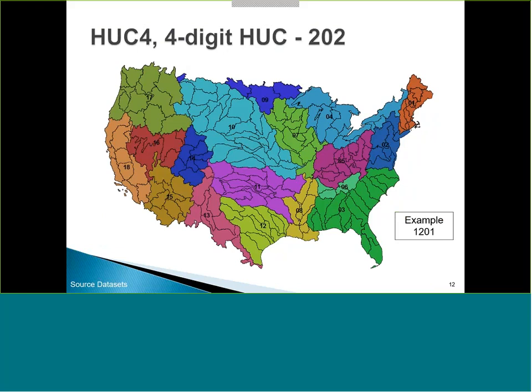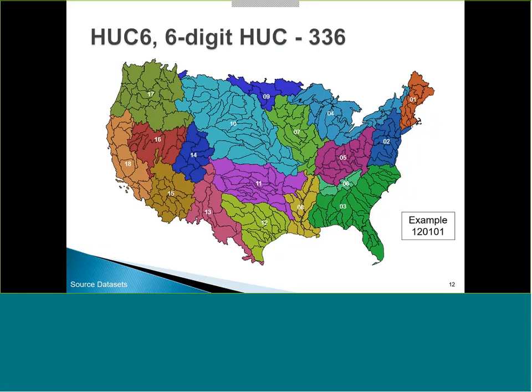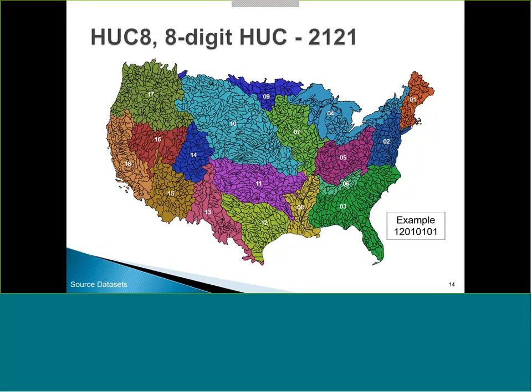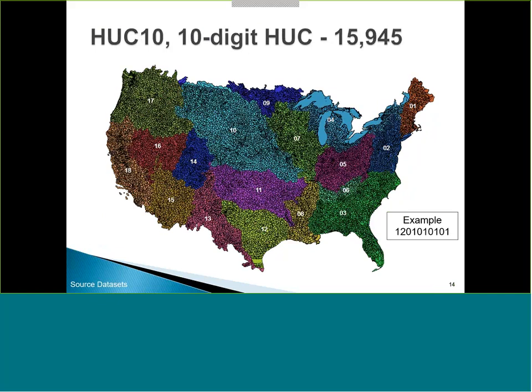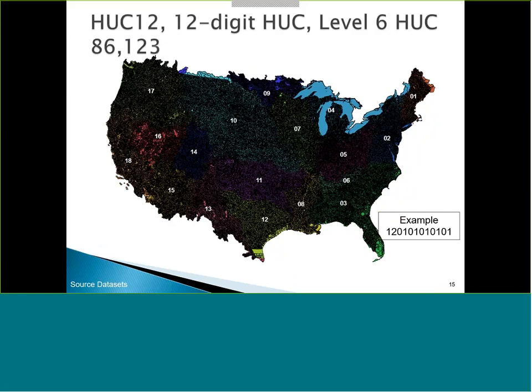There are 202 of those in the continental U.S. You add 2 more digits and you get the HUC 6, and there are 336 of those in the continental U.S. You add 2 more digits and you get HUC 8s, 2121 in the continental U.S., HUC 10s, and finally HUC 12s. The HUC 12s, there are 86,000 in the continental U.S.